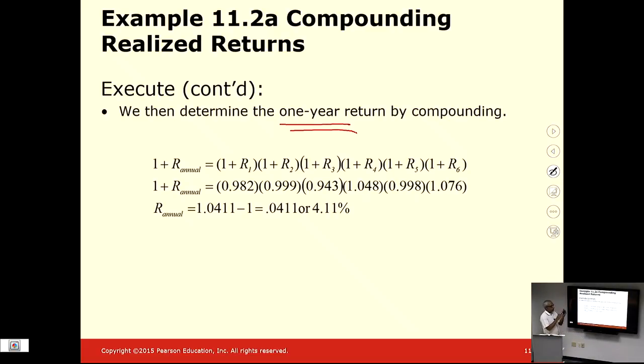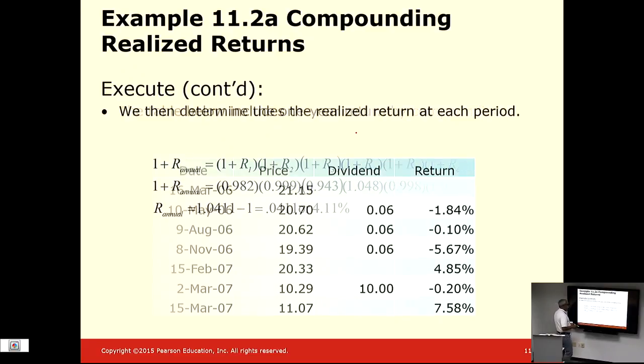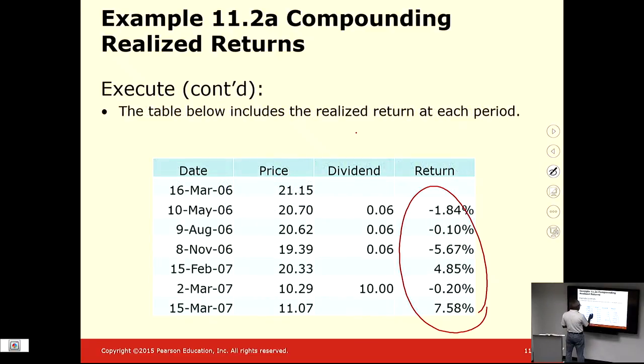In other words, if I have periodic returns, I can calculate the annual return from those periodic returns as long as I have a data period that spans the whole year, as over here. It goes from March to March.